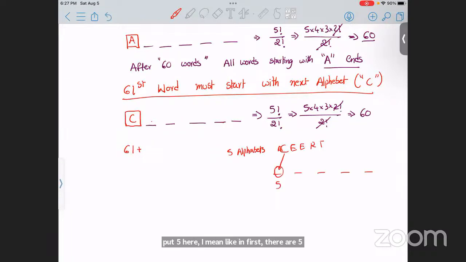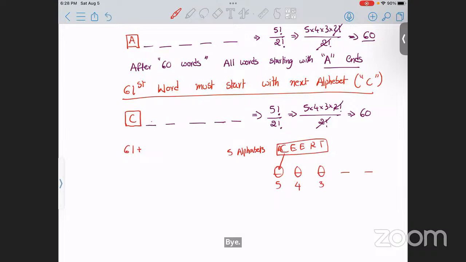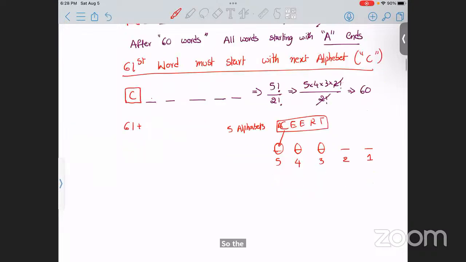In the second position, whatever you put first, you have to remove it, so only 4 possibilities. And in the third position, there are only 3 possibilities because you have already put 2 in the first 2 positions, and then 2 and 1. This is 5 factorial. But there is repetition of E. So we will put 5 factorial divided by the factorial of how many alphabets are repeating, that is 2 factorial. Clear?